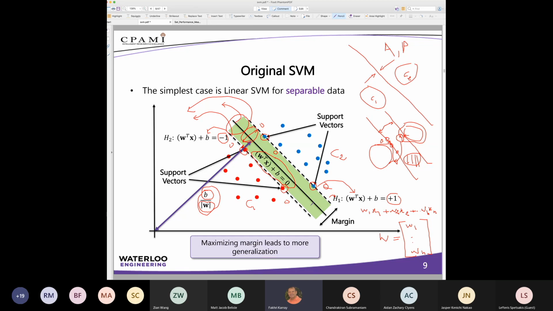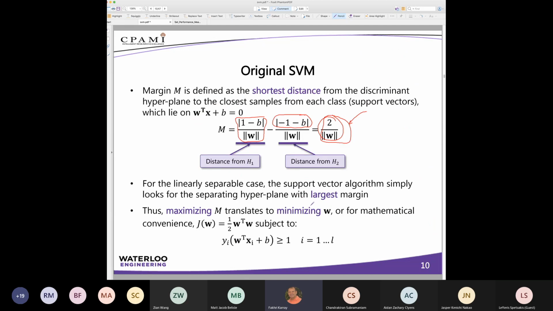Remember that H1 and H2, although here we see them as lines to facilitate the visual aspects for you, are usually hyperplanes. So that's why we call them support vector machine: machine learning, and vectors, the location of these points in the hyperplane of the attributes of the separable type of data.